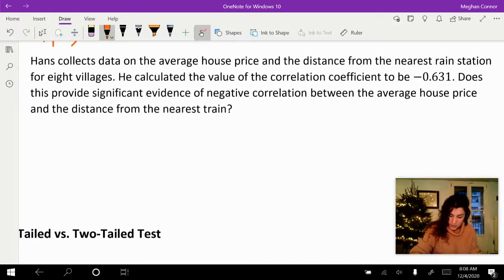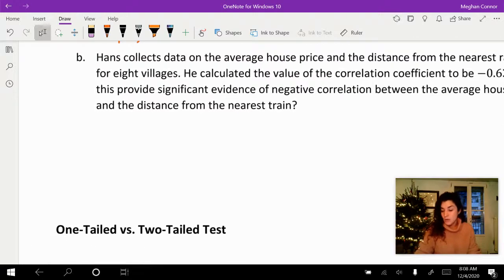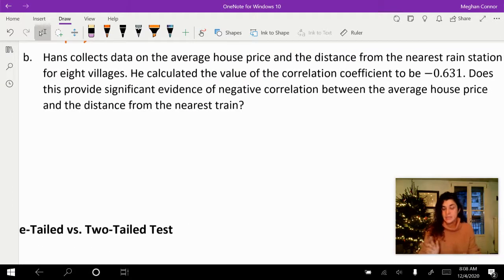So for your null hypothesis, you're trying to show that there is a negative correlation between the average house price and the distance from the train station. So you're trying to prove that, hey, it pays off. People want to live closer to the train station, so it's a more expensive price the closer you are.